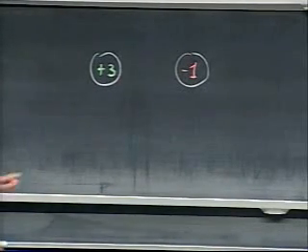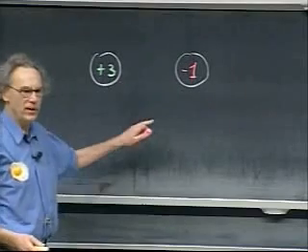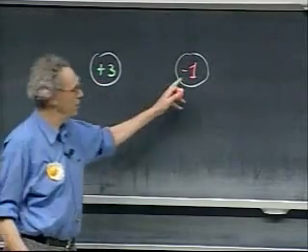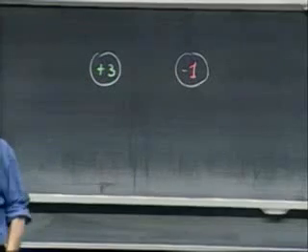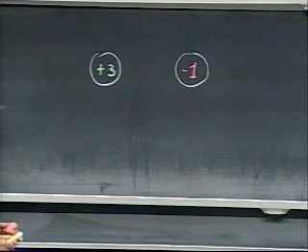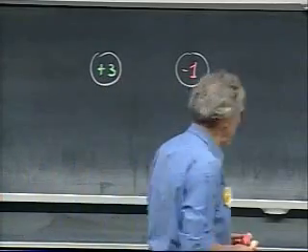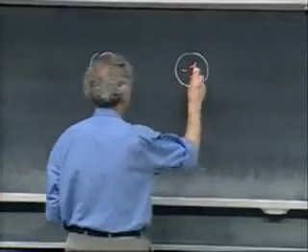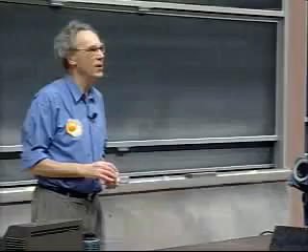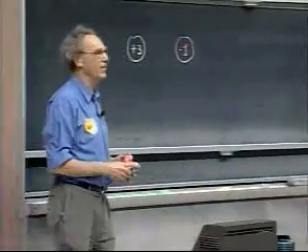So you can go to any particular point. You get an E vector which is going away from the plus 3. You get one that goes to minus 1, and you have to vectorially add the two. If you're very close to minus 1, it's very clear, because of the inverse R square relationship, that the minus 1 is probably going to win.